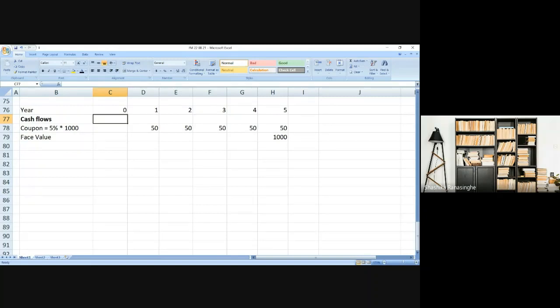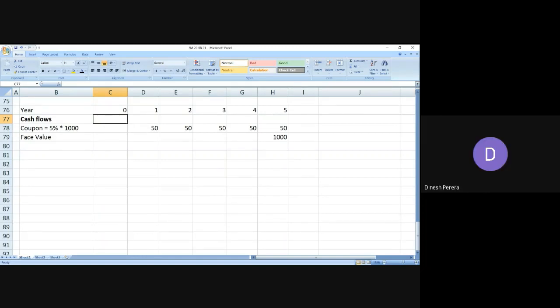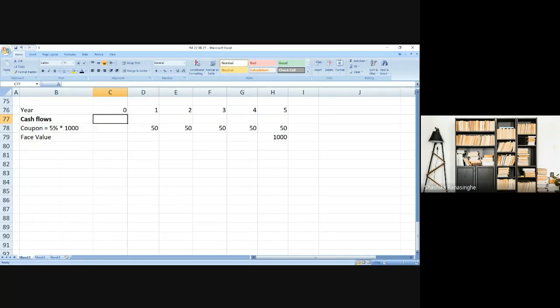So if you are in Sri Lanka and you have invested in sovereign bonds or SLDBs, do you carry credit risk or not? We carry the credit risk. Yes, you do carry credit risk. Why? Because the country still can't print dollars, right? If the government runs short of liquidity, they can print rupees, but not dollars.